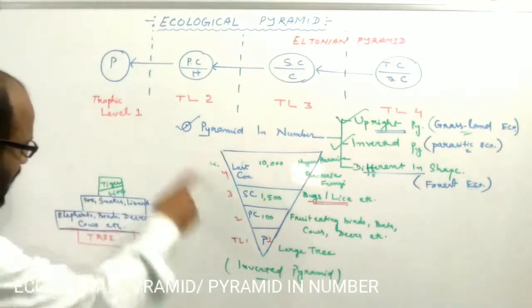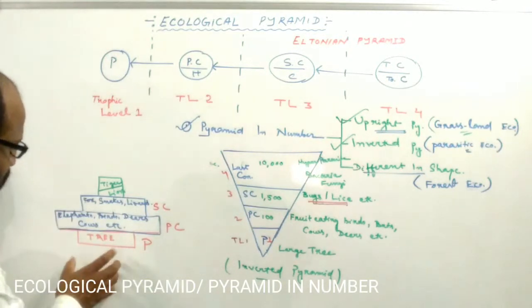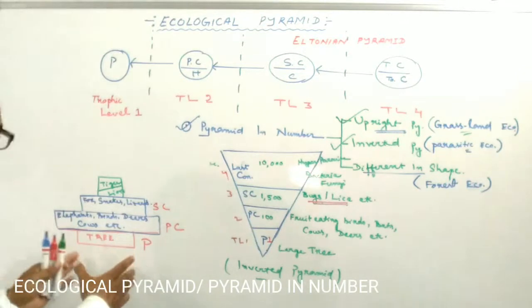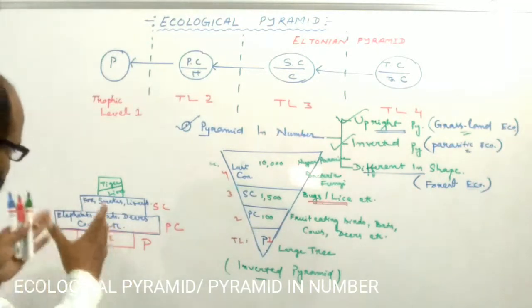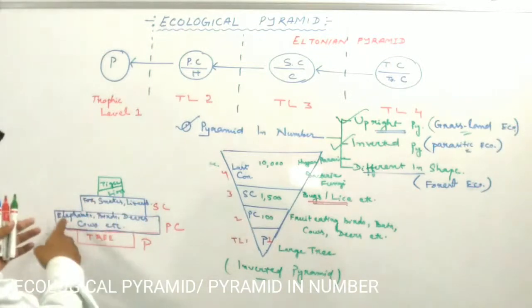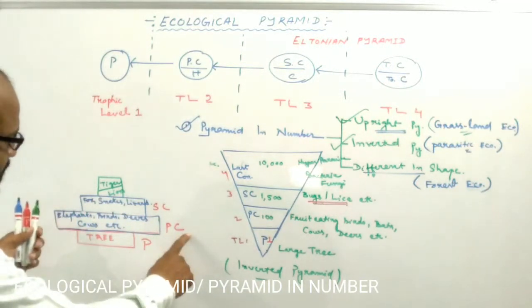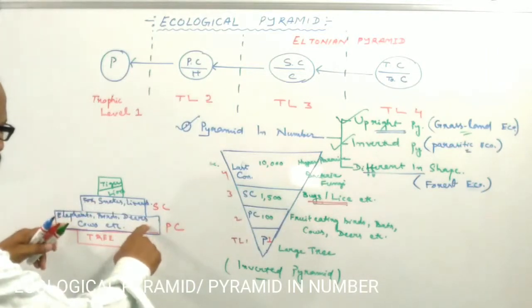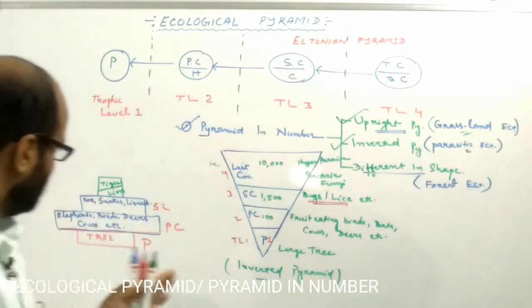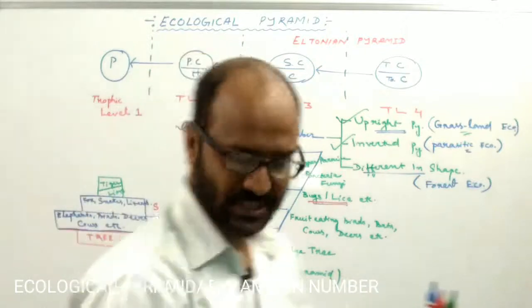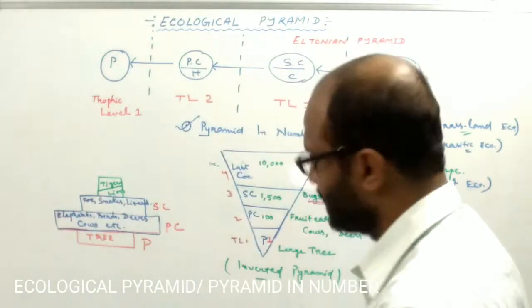In a large forest we find a very limited number of large trees, but they support so many elephants, birds, deers, cows, etc., which form the primary consumers. Such primary consumers support a very small number of frogs, snakes, and lizards.